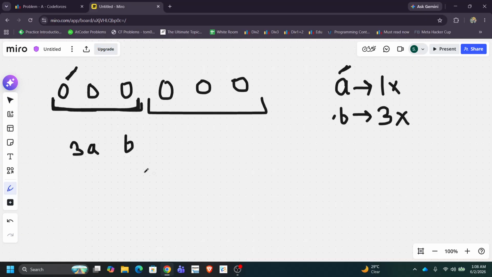Now, it's easy to see that if 3a is less than b, then it's best to provide each of the students an individual course instead of buying all 3 students the course which costs b. Because we're using this 3a as a substitute for this b to provide the 3 students.